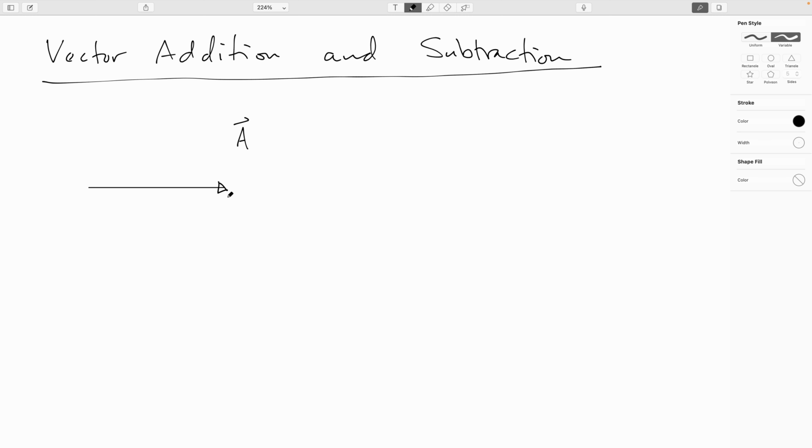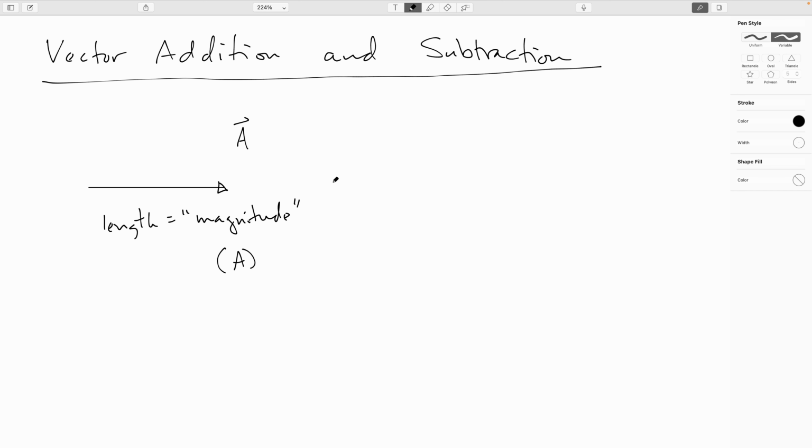We'll represent the numeric part of this by its length. So the length here we usually call the magnitude of the vector. And if I were to refer to just the magnitude of this vector A, I would write A without the little half arrow over it.